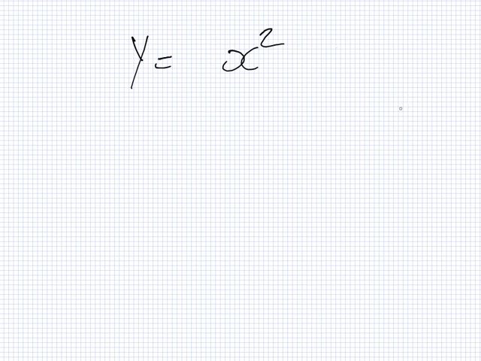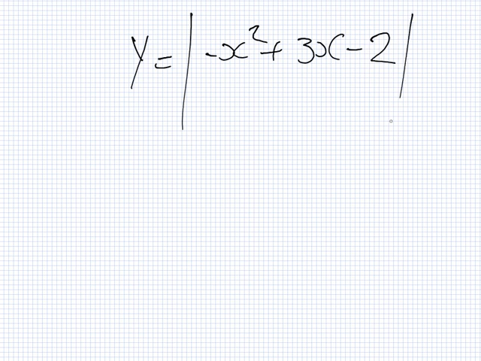So let's say I have absolute of, actually let's say minus x squared plus 3x minus 2. Okay, I ask you to draw the absolute of this. Any ideas on how I could draw this?